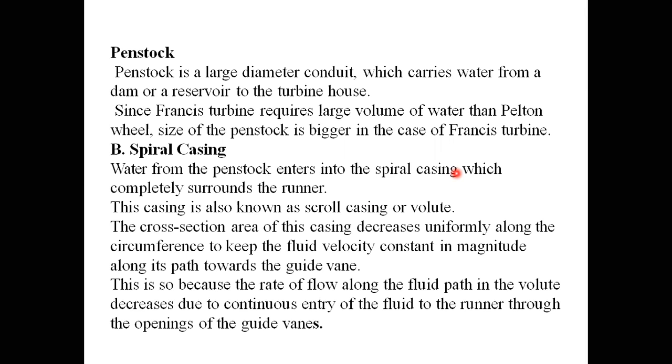The cross-section area of this casing decreases uniformly along the circumference to keep the fluid velocity constant along its path toward the guide vanes. This is so because the rate of flow along the fluid path in the volute decreases due to continuous entry of the fluid to the runner through the openings of guide vanes.